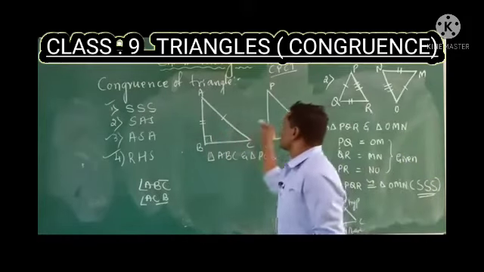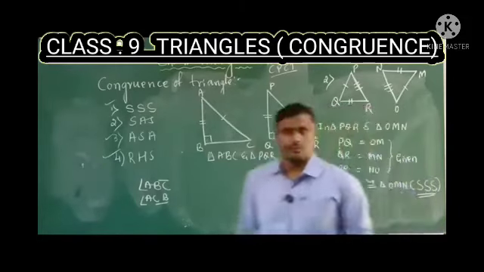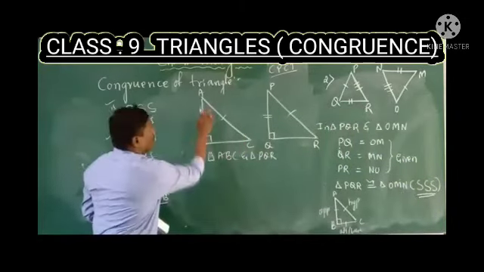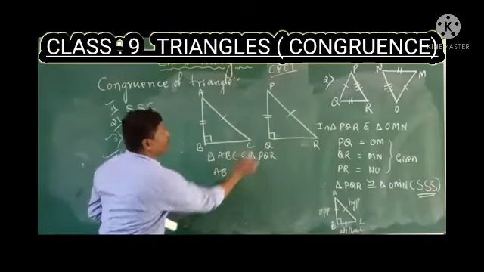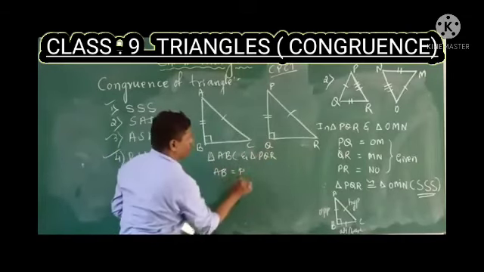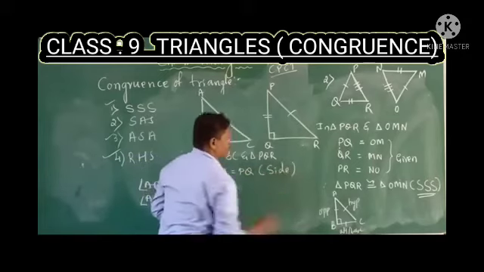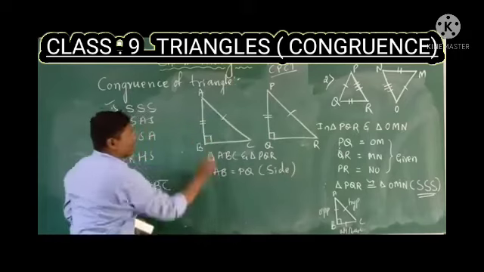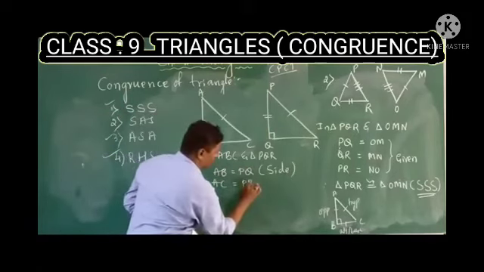These two sides, AB and PQ, are equal sides. So AB is equal to PQ. Next, AC is equal to PR.